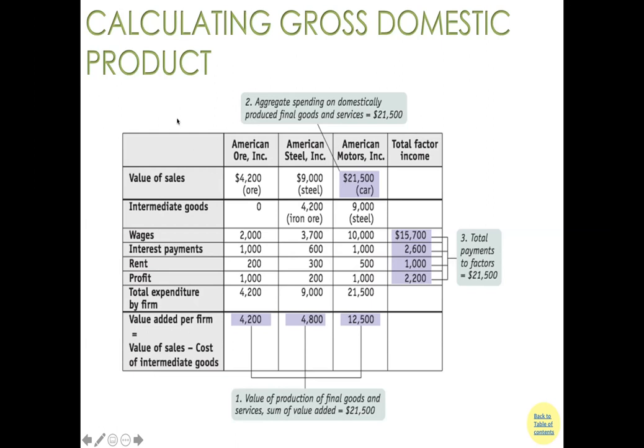So in this example, the economy has 3 businesses, right? So just to simplify. Okay. So the first business is American ore, right? And then the second business, the second biggest, American steel. Okay? And then finally, you have American Motor. So there are three businesses, right?